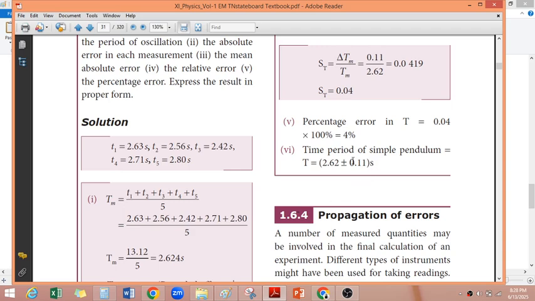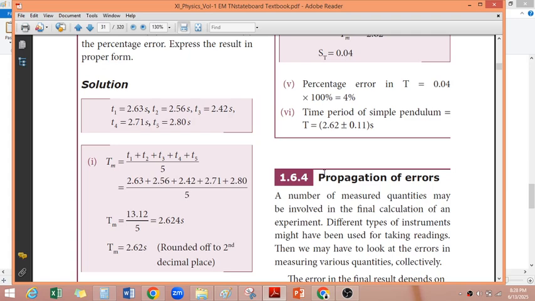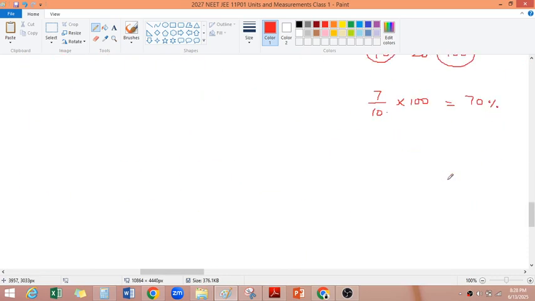So that means plus or minus. The error is given in plus or minus. 2.62 is the average, plus or minus the error, which is nothing but your uncertainty, so 0.11. So what this means is, when you measure a distance with a scale, 1 millimeter is the uncertainty, that is your least count.